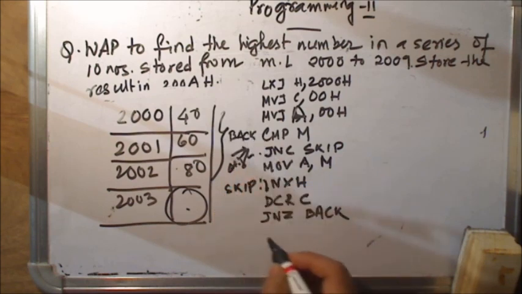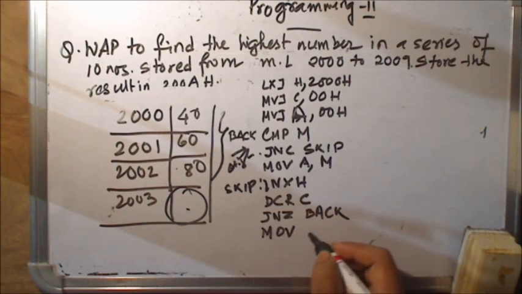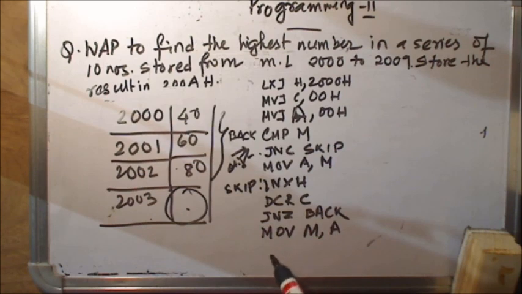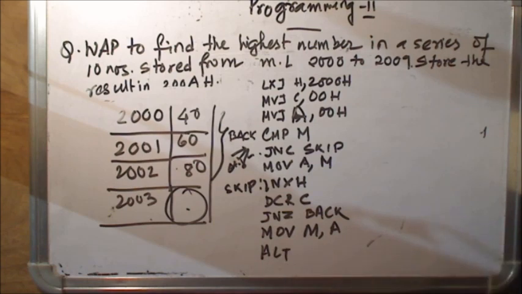After the comparison finishes and the program comes out of the loop, A will be holding the highest number, so we will move it into the memory location pointed by 2003, that is M, which is our new M. Then we will halt the program.